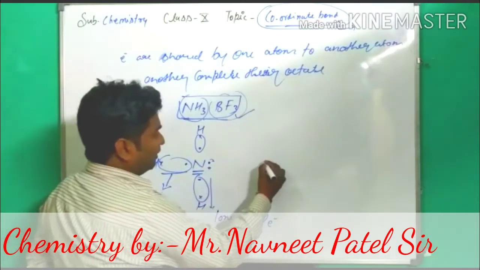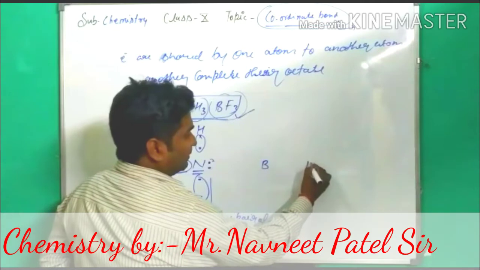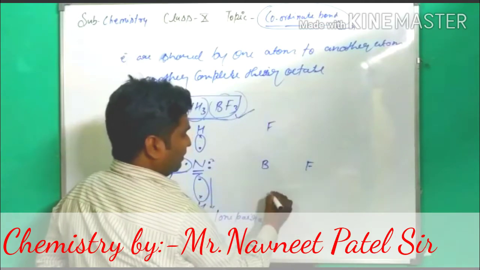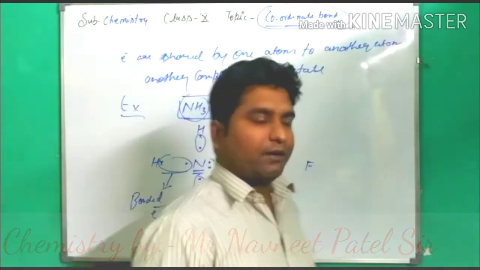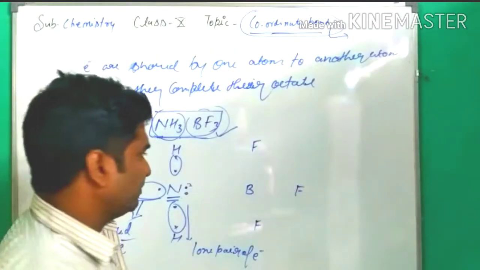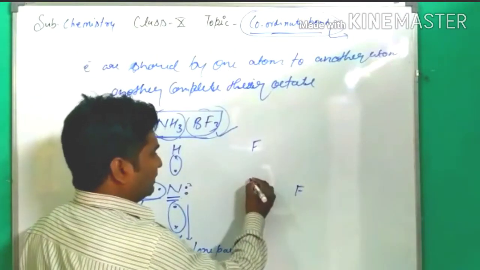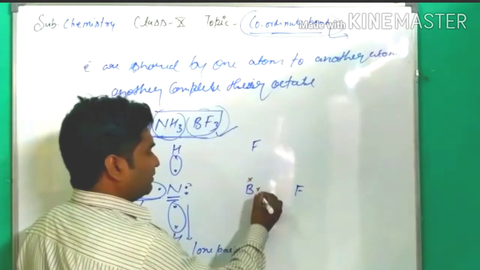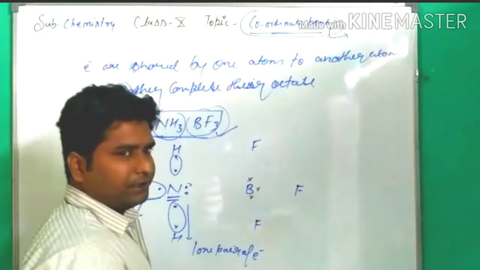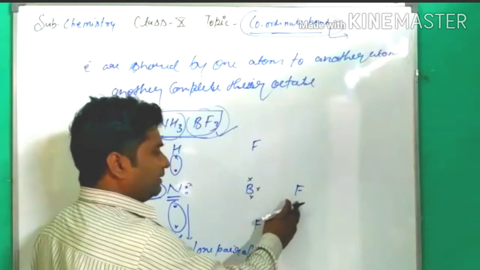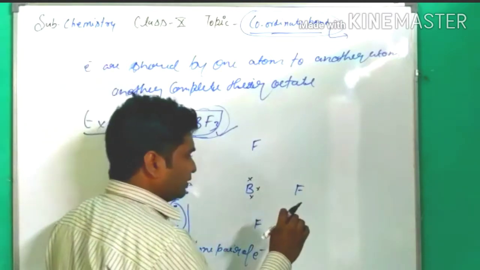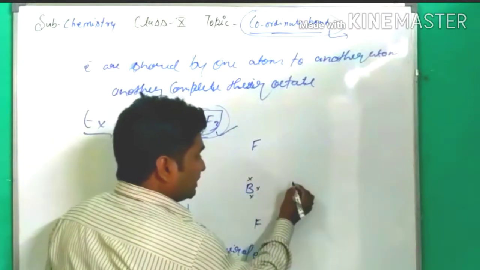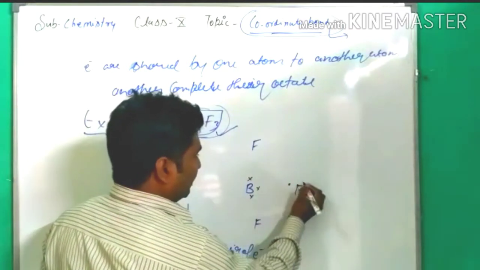In case of boron trifluoride, BF3. As you know, how many electrons are present in boron? In case of boron, only 3 electrons are there. And now, how many electrons are present in the valence shell of fluorine? As you know, there are 7 electrons.